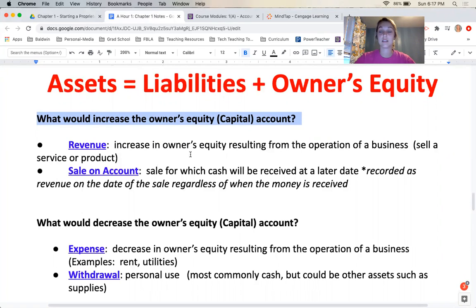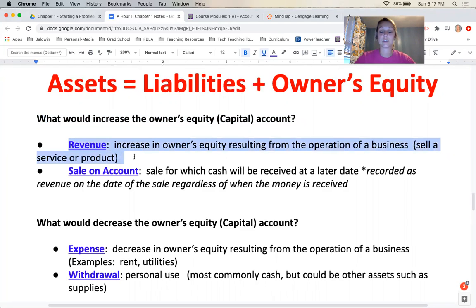So to increase our owner's capital account, we will have revenue, which is just an increase in owner's equity resulting in the operation of a business. For example, if we make a sale or if we see the word sold, that all has to do with revenue. Every time we see that, owner's equity is going to go up.